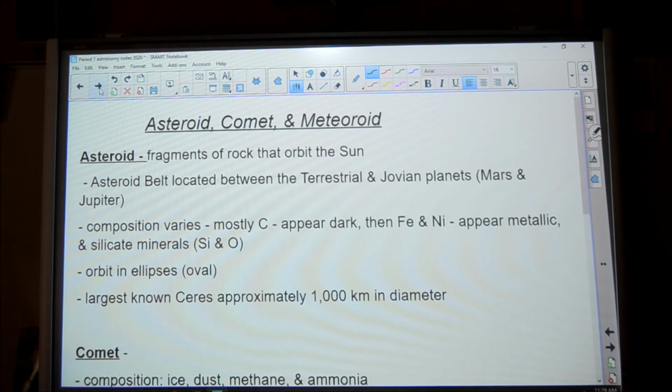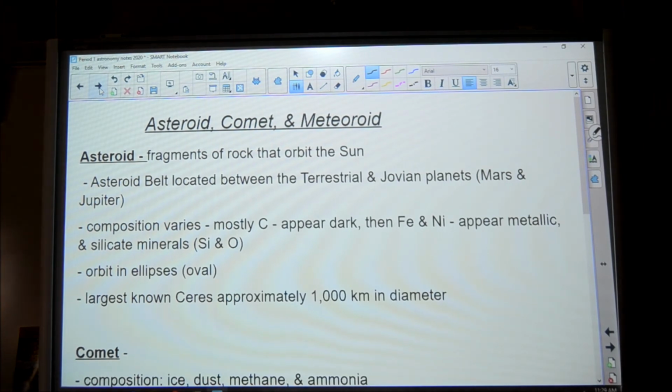We need to talk about the difference between an asteroid, a comet, a meteor, a meteorite, and a meteoroid. Asteroid, that's a fragment of rock orbiting the sun. It's found between the Jovian and terrestrial planets, separating Mars and Jupiter. Its composition is mostly carbon.